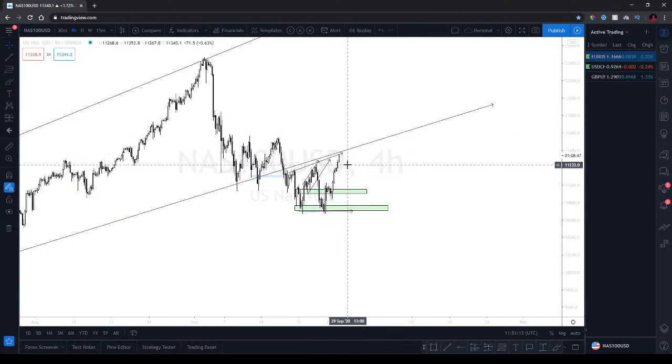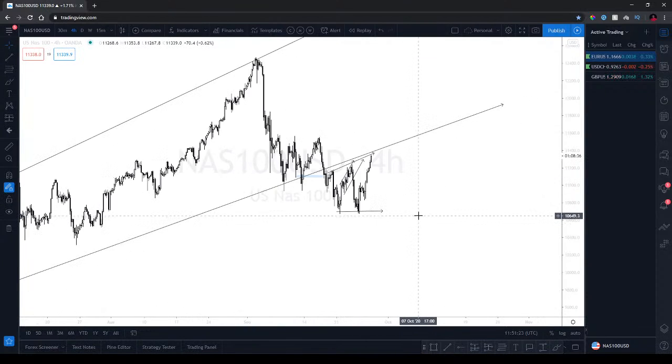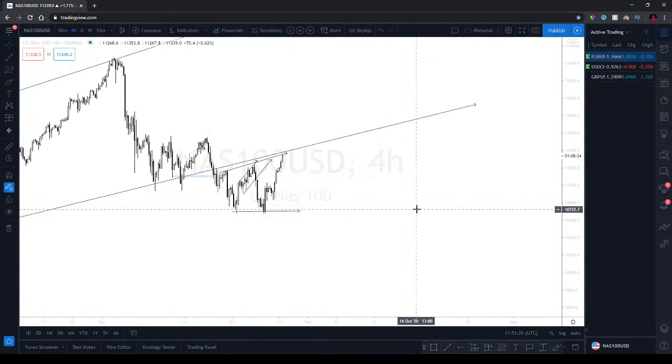It's going to be a short-term trade, possibly down to the halfway point of here. I wouldn't look for it to come all the way down to the bottom of the pattern. That's just my personal preference, depending on how you trade NAS and what you know about it, what you backtested from it. Trust your analysis.